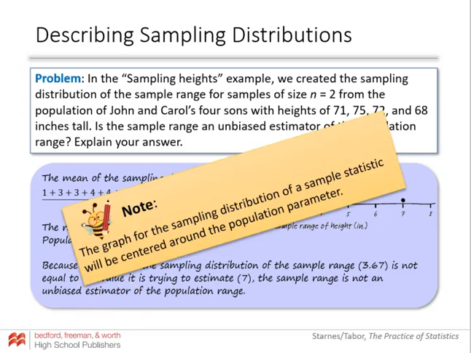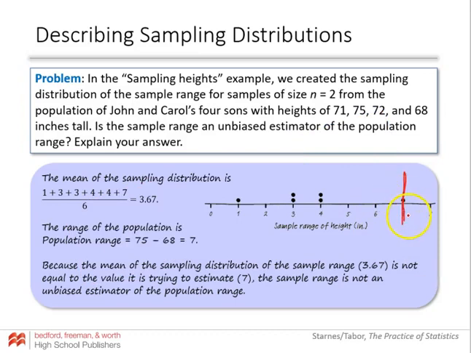Sometimes when the numbers get big, we don't want to actually sit there and calculate the mean, so we can look at the graph. The graph for the sampling distribution when it is an unbiased estimator will be centered around the population parameter. All right, what does that mean? The population parameter here was 7. Are these dots centered around 7?